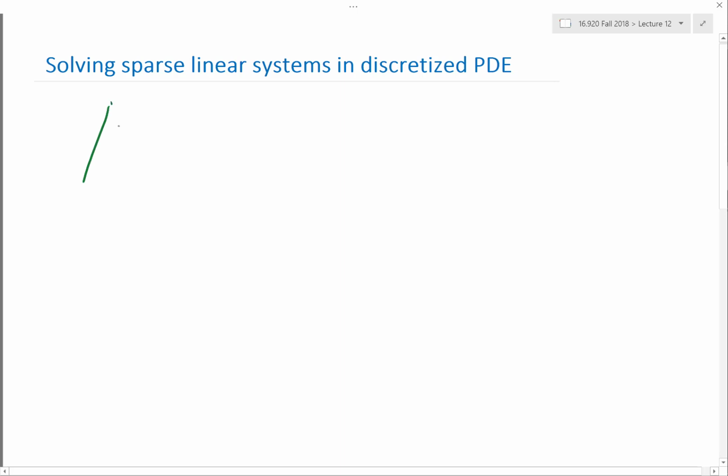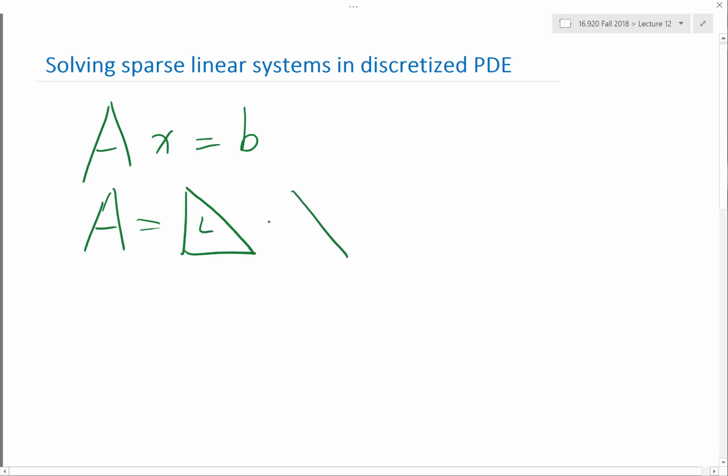So let's just put this in big form, AX equal to B. What LU decomposition does is it decomposes A into a lower diagonal matrix we call L times an upper diagonal matrix we call U.